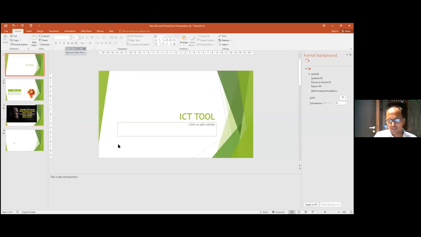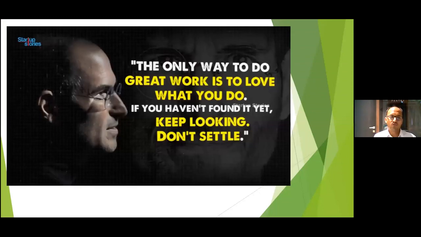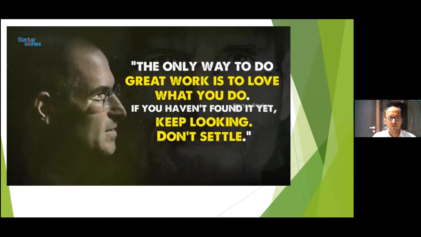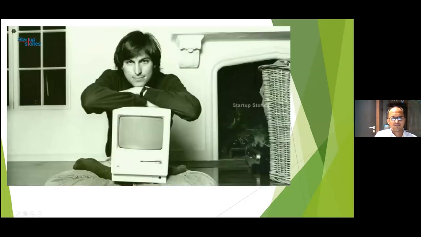For example, we'll see how it appears. This is the first slide, this is second slide, and the next slide. This is how without clicking, the video will start. This is how audio can be enabled in your presentation.